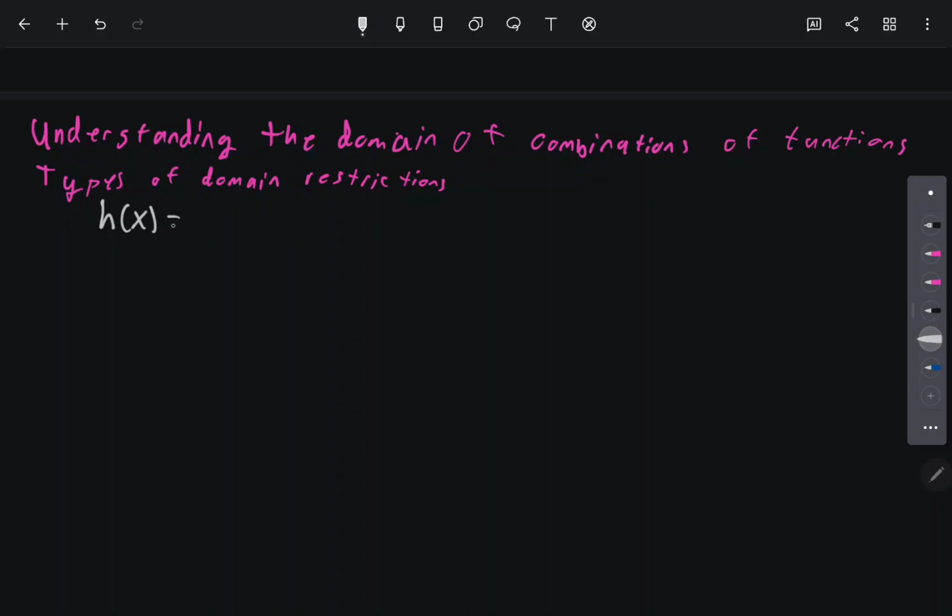H of x is equal to the square root of x minus 3. We're going to have e of x equal to the natural logarithm of x.